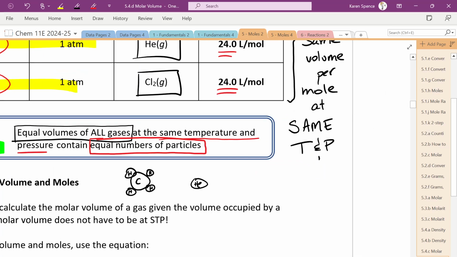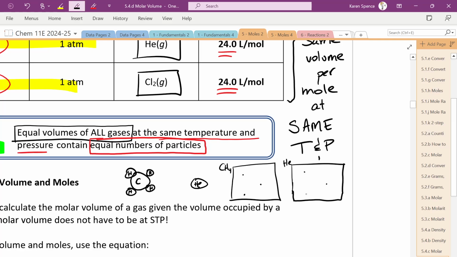But molecules are more tiny than we can imagine, yes? So if I had a container with CH4, it would look like this. And if I had a container with He, it would look like this, except the dots would be smaller.